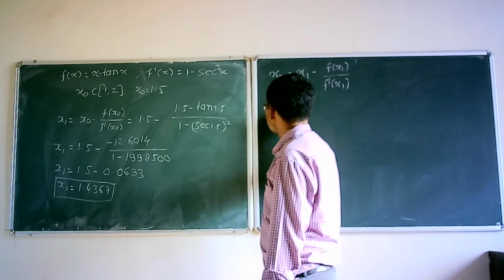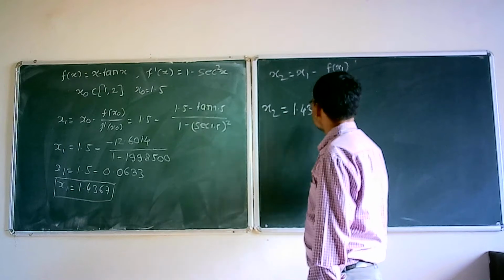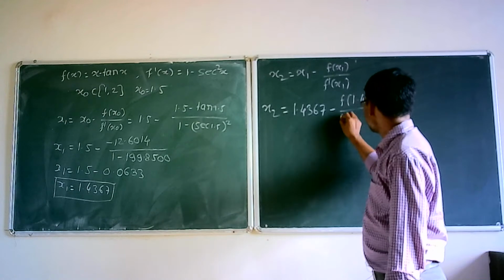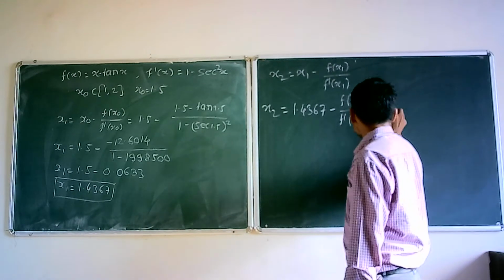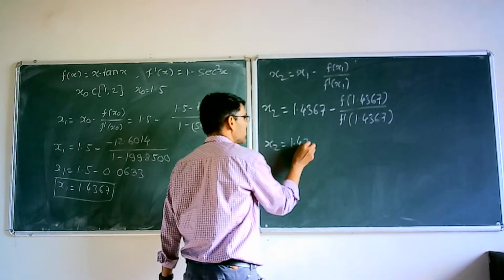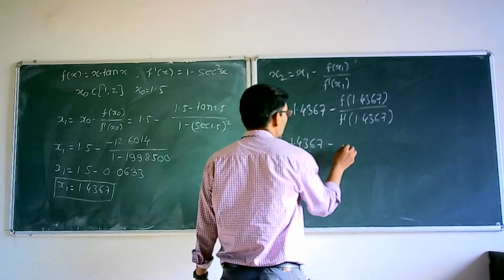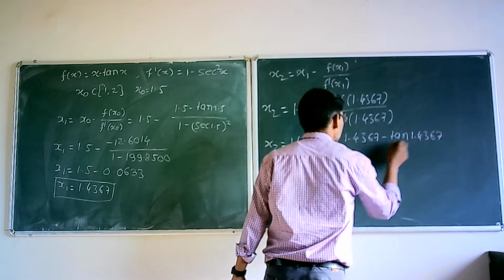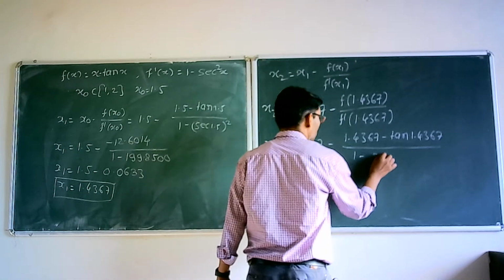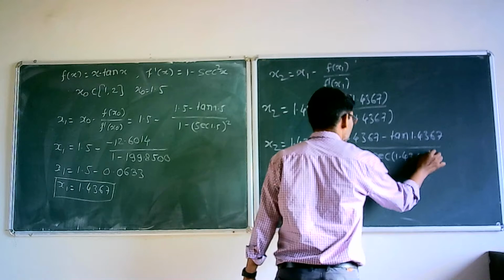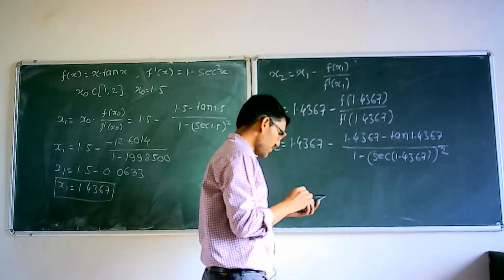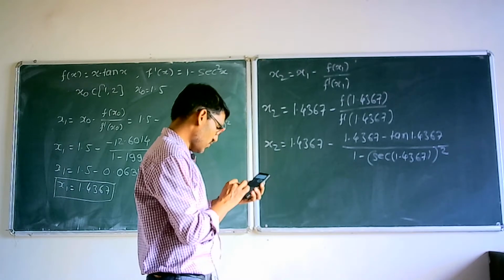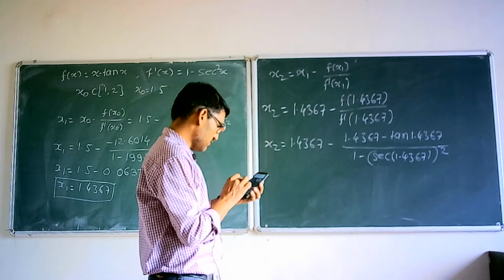So x2 is 1.4367 minus f of 1.4367 divided by f dash of 1.4367, that is 1.4367 minus tan of 1.4367, this whole divided by 1 minus sec of 1.4367 squared.